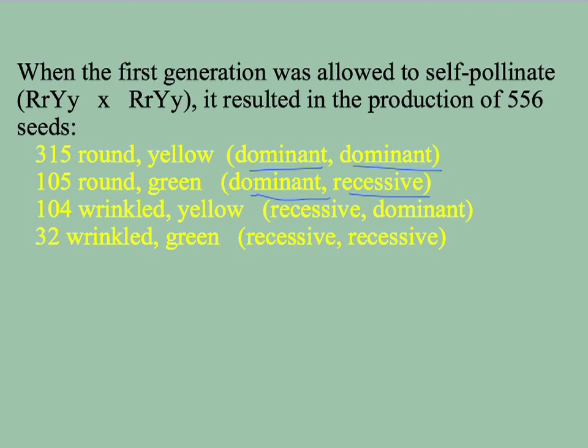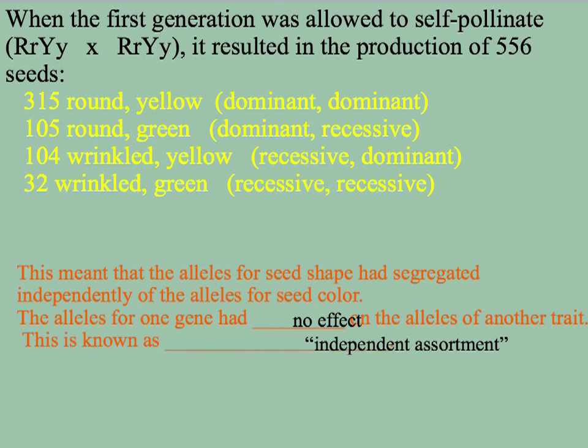They could segregate. Just because you had round peas did not mean they were going to be green. They could be round and yellow. So this meant that the alleles for seed shape had segregated independently of the alleles for seed color. The alleles for one gene had no effect on the alleles of another trait. This is known as independent assortment.